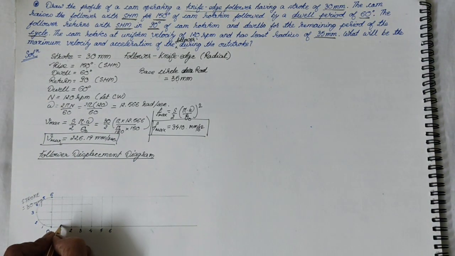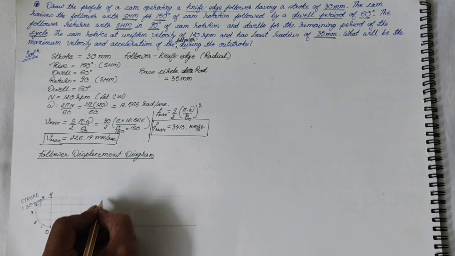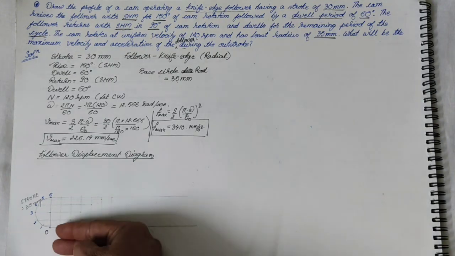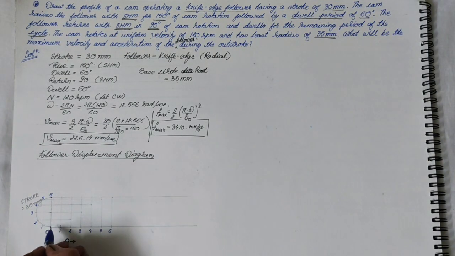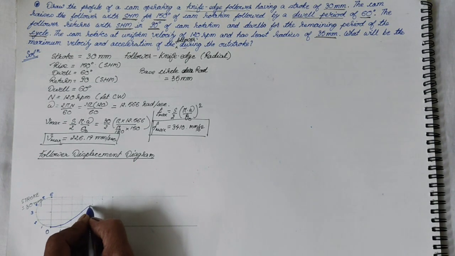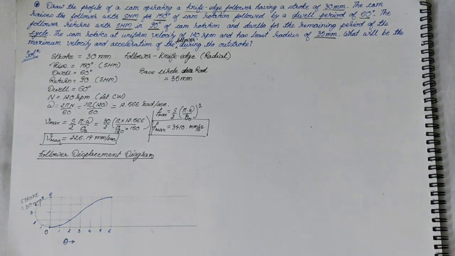So these are the points where we get each lift of the follower. When we join all these points with a smooth curve, we get the displacement diagram of the follower as SHM.